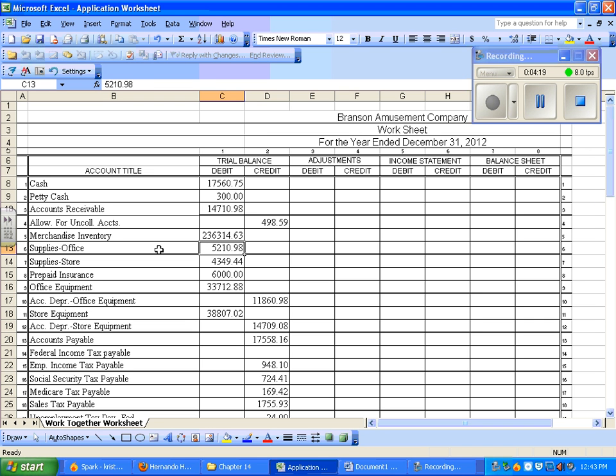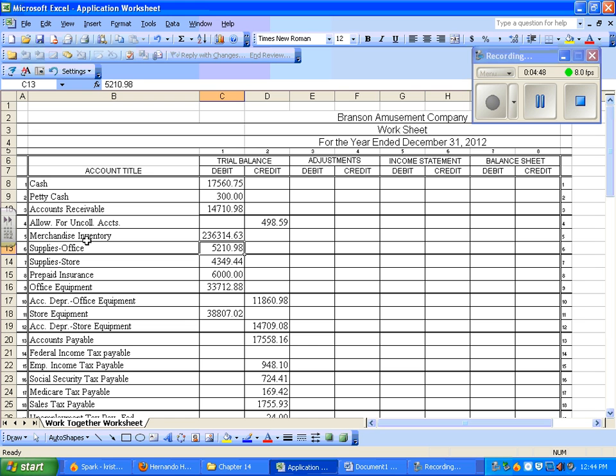Now, our textbook tells us that we took a physical count of our office supplies, and it showed that in fact we actually had $489.73. So we no longer have $5,210.98. We now really have $489.73. So we need to adjust the $5,210.98 debit. We want the $5,210.98 debit to become a $489.73 debit.